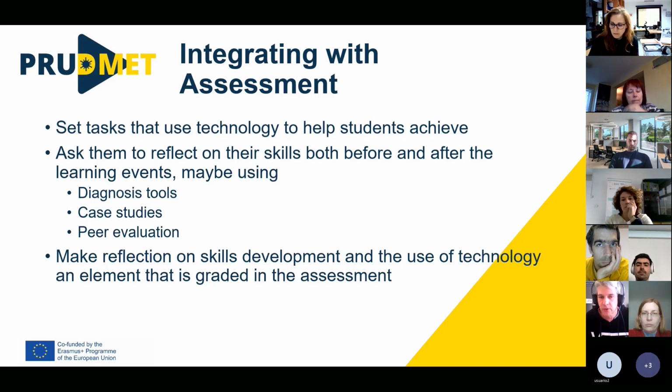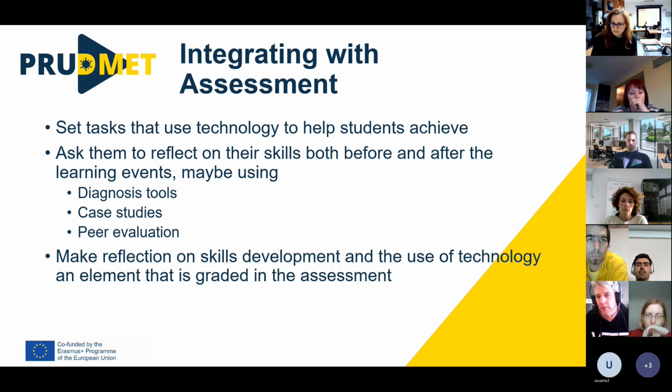You might get them to write case studies about their experience of using the technology. You might use peer evaluation in assessment to help them get an understanding of where they've made a difference, and we can use that as evidence as well.